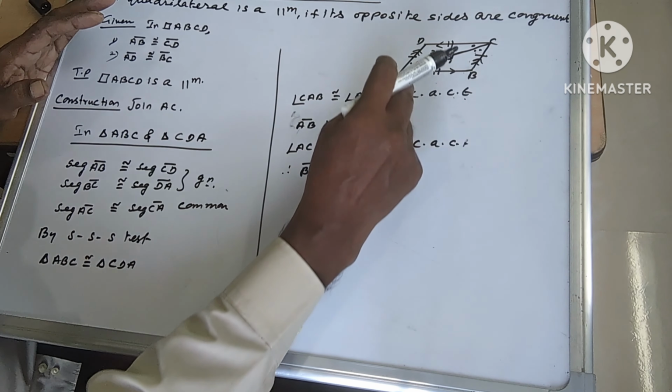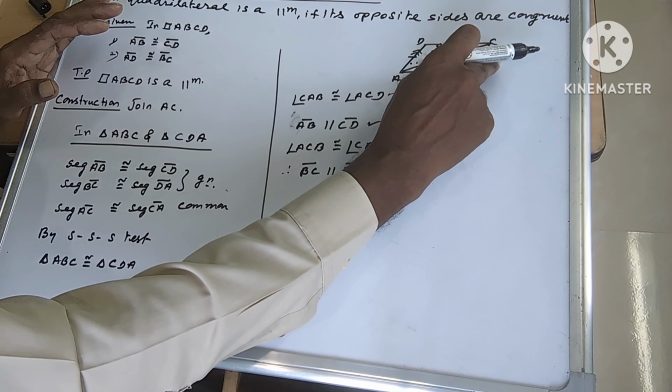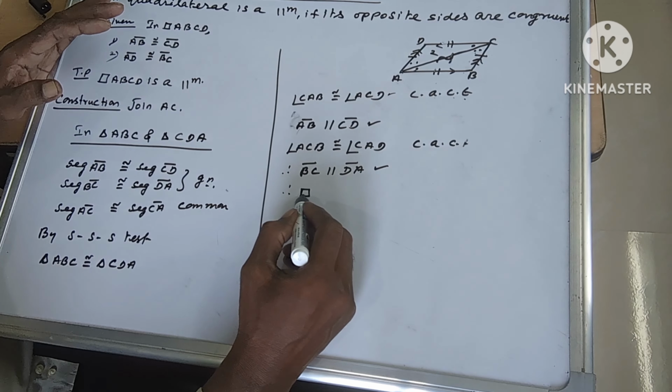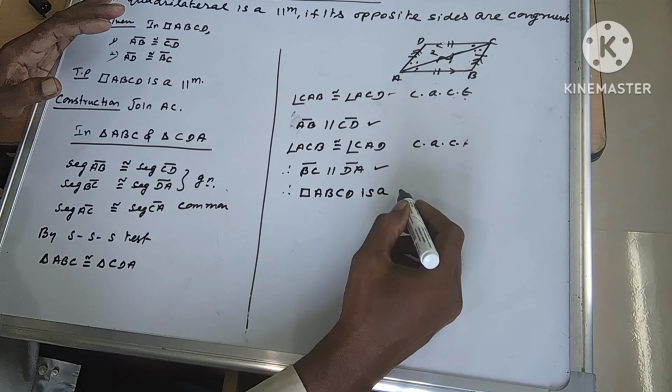So this pair of opposite sides is parallel and this other pair of opposite sides is also parallel. Therefore quadrilateral ABCD is a parallelogram.